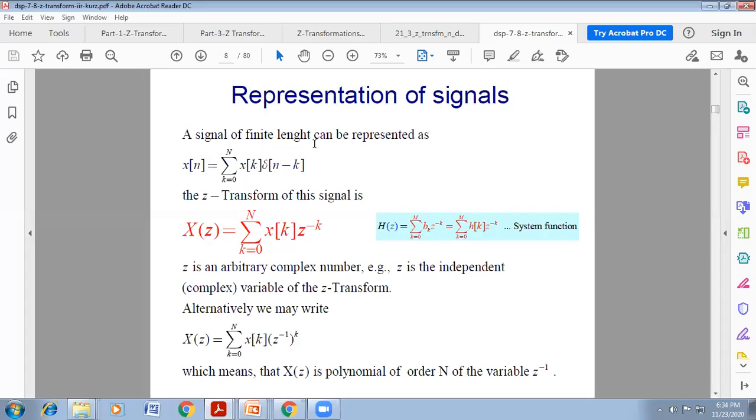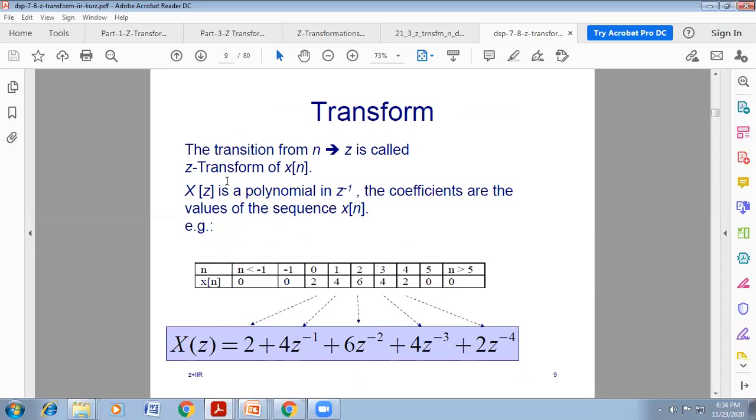Okay, a signal of finite length can be represented by this sequence. This is the combination of the sequence x[n], and the Z transform of this signal can be represented by this, by the definition of Z transformation, and this is the system function after Z transform. Then X(z) is called the Z transform of x[n], we must know. And X(z) in z inverse is a polynomial in z inverse. The coefficients are the values of the sequence, and you can tabulate these values for different n.